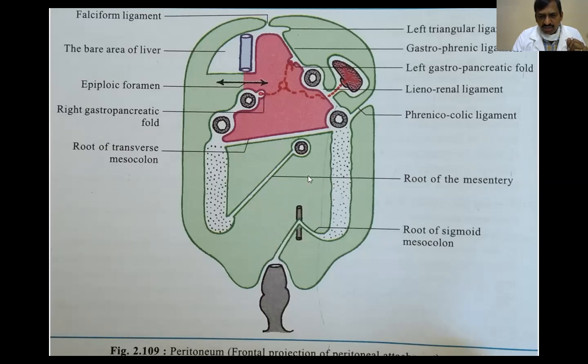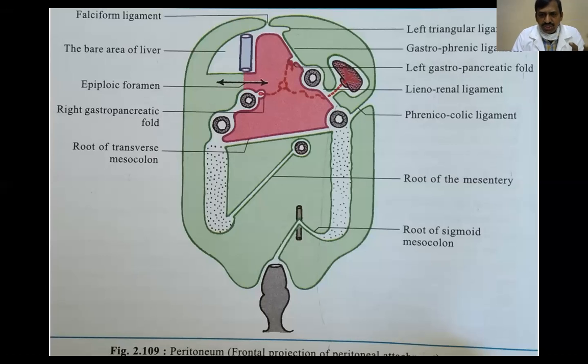If there is any collection in this area, it may gravitate into the pelvis and collect in another pouch. If you take the female, that is the recto-uterine pouch, the pouch of Douglas. If you take a male, that is the recto-vesical pouch.